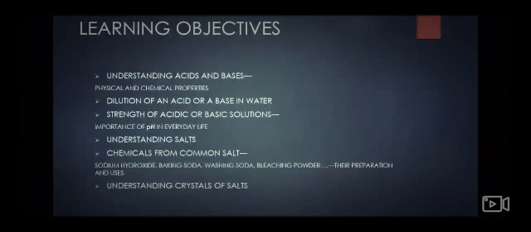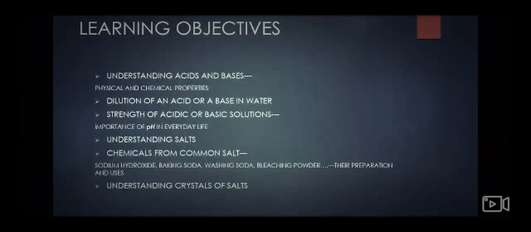The present chapter deals with number 1, the basic definition and characteristics of acids and bases. Number 2, method of dilution of an acid or base. Number 3, strength of acidic or basic solution and pH.